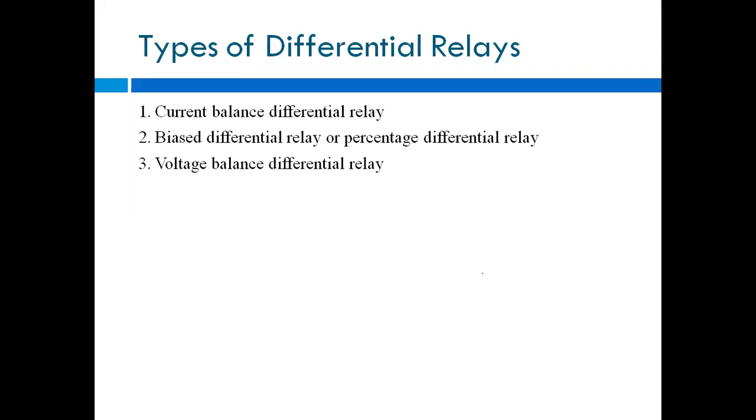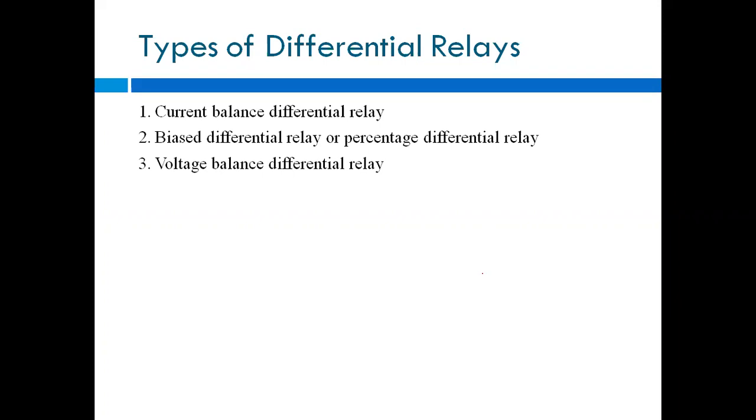Here, whatever the difference of that fault current, we can also call it an overcurrent type of relay, but we are mentioning this in terms of percentage. That's why it is called the percentage differential relay. Then the third one is the voltage balance differential relay.